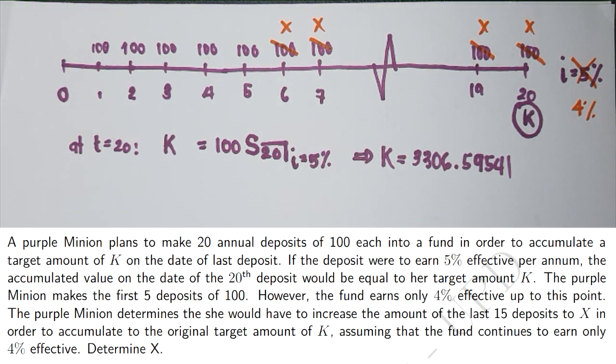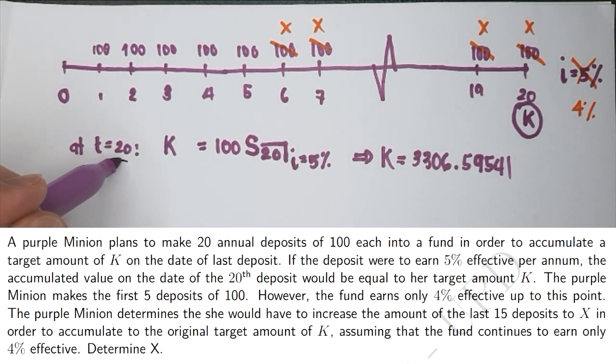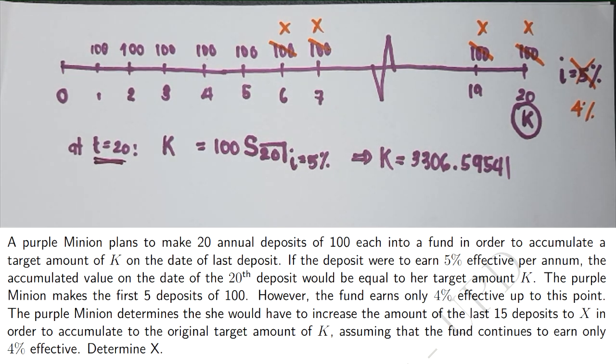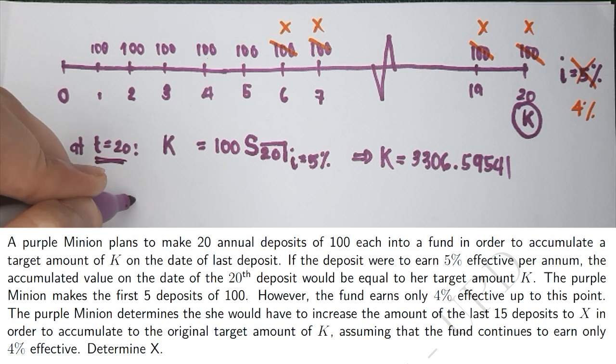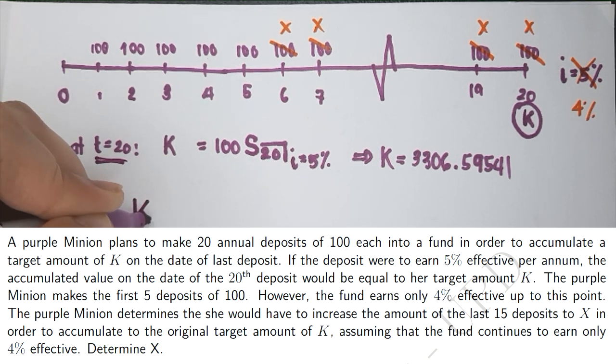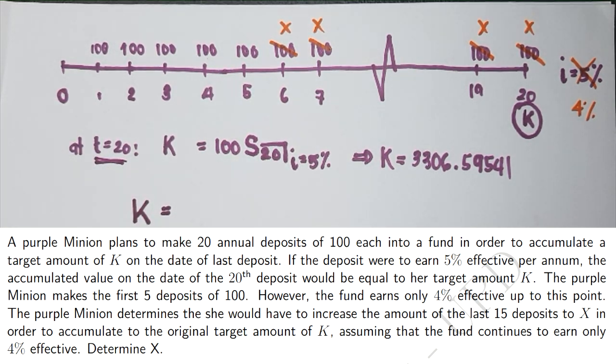At ang accumulated value nun ay equal din sa K. Let's do it. So, again, still, the valuation date is at T equals 20. So, K pa rin ang gagamitin ko. Ayan, K. Ito yung target amount ni Purple Minion.